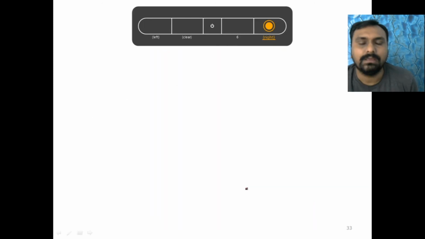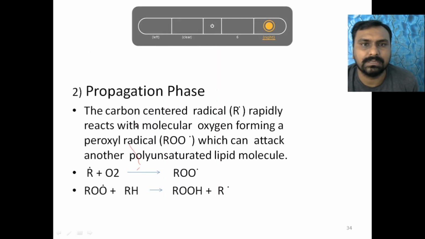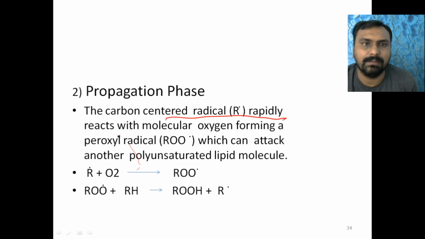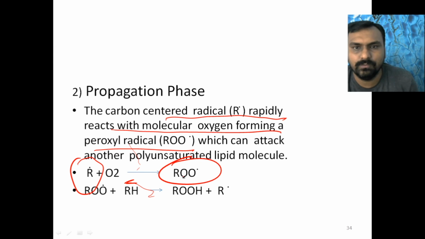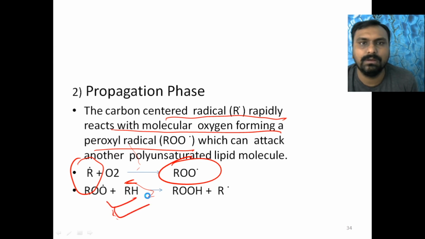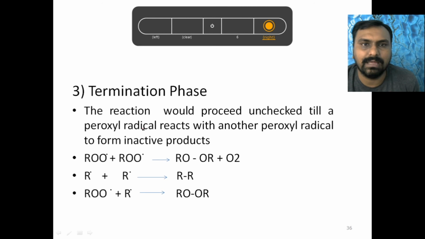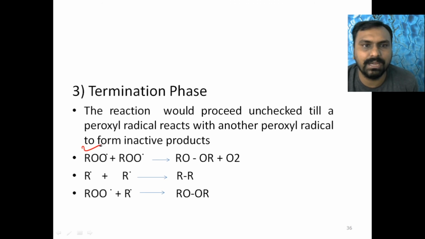And in the next step, the carbon-centered radical rapidly reacts with molecular oxygen, forming the lipid peroxide radical. So this is how the chain will continue, and they will form more and more free radicals. And lastly, there is a termination phase when two free radicals join together and form inactive products.